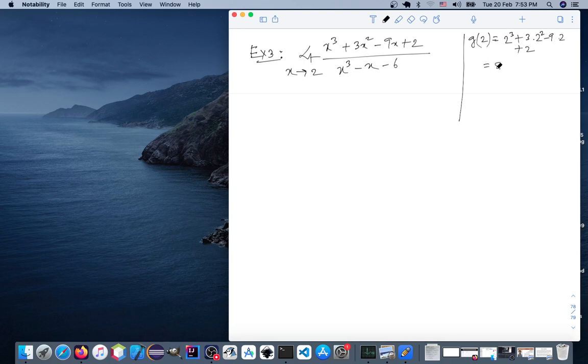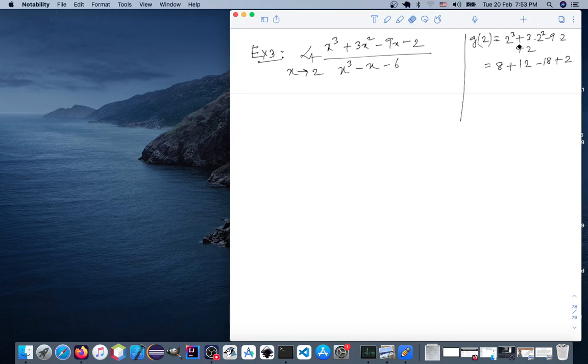This becomes 8 plus 12, 20, minus 18 plus 2. Oh, this is minus 2, sorry, this is minus 2.